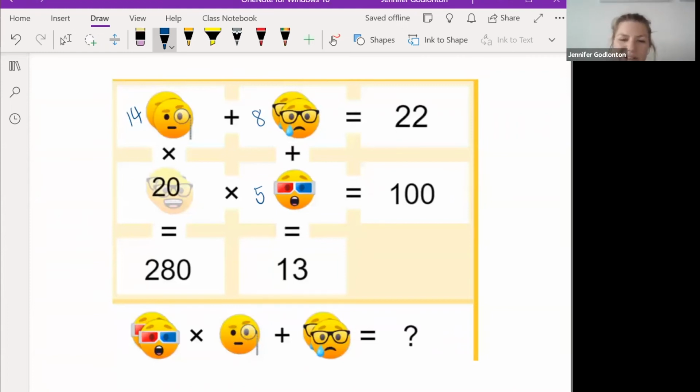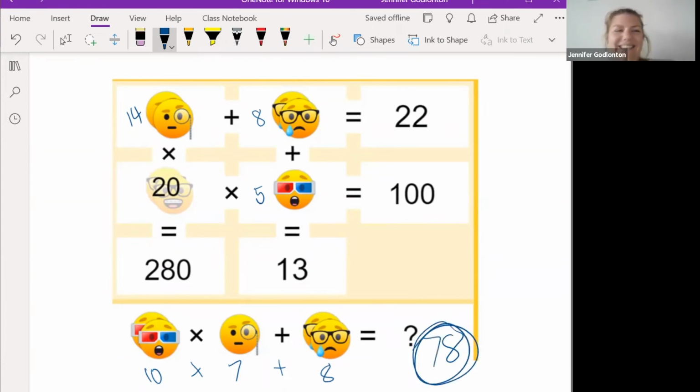Cool. So let's get down to the bottom. So then what's going to be my double glassed person? Ma'am, it's going to be 10 since there are 2 of them. 10. Good. Times 7 since there's only 1. Good, because there's only one. Plus 8. Yes. Good. So what is our answer? 78. Yes. Done.